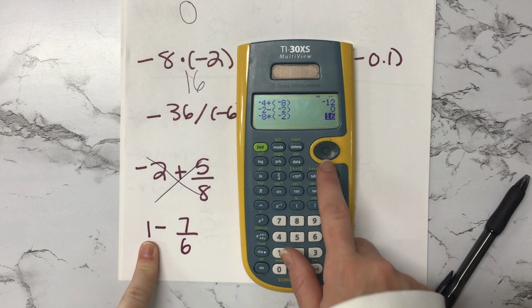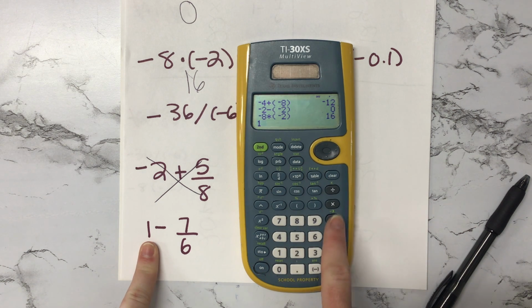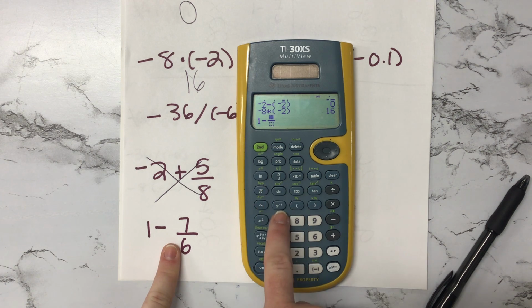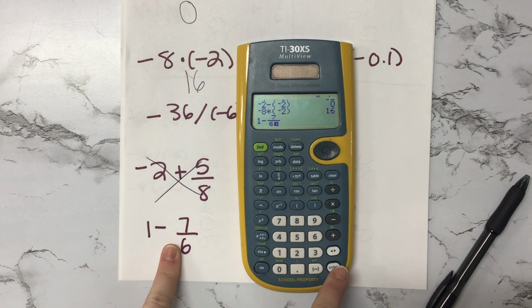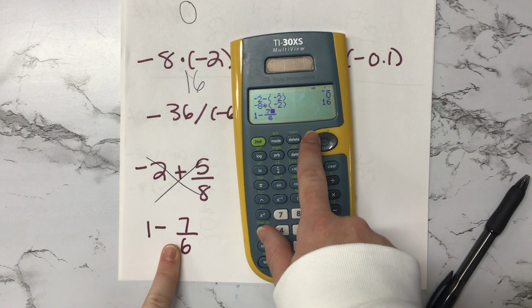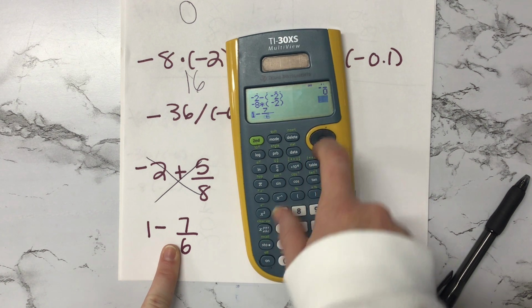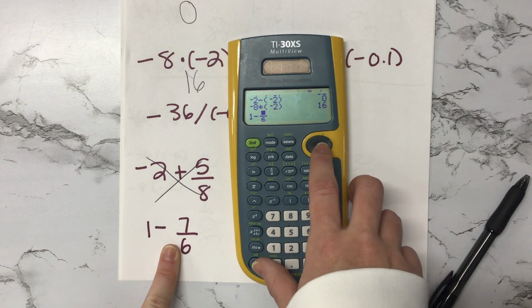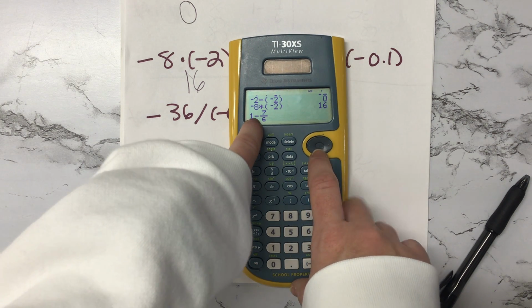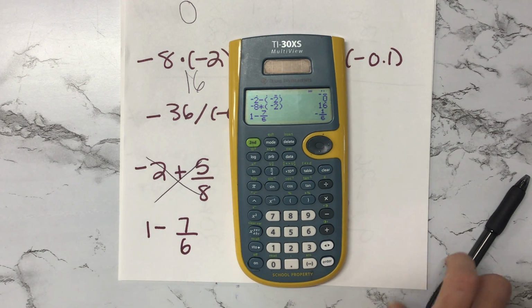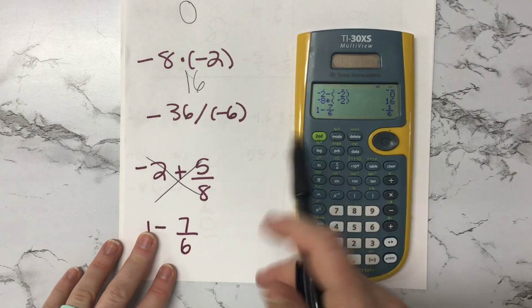I'm going to type 1 minus, then I hit my fraction button, 7/6. So all I did was I typed a 7, then I hit the next, wrong buttons, sorry. I typed 7, and then I moved the down arrow, and then I typed 6, enter, gives me -1/6.